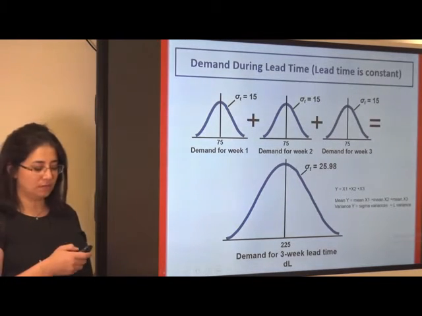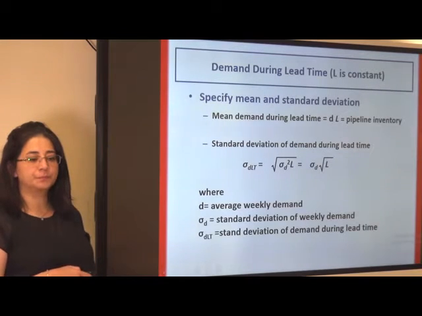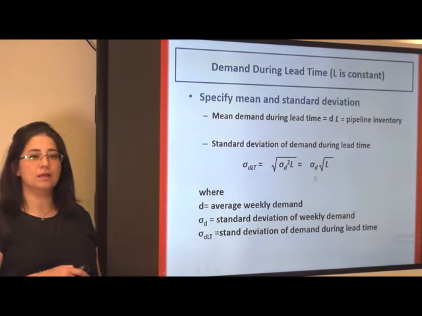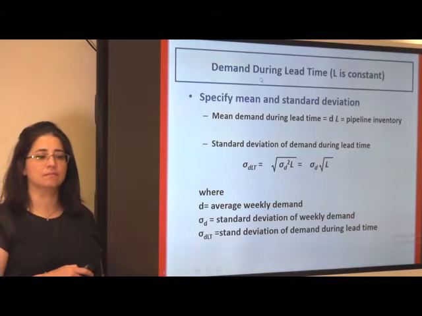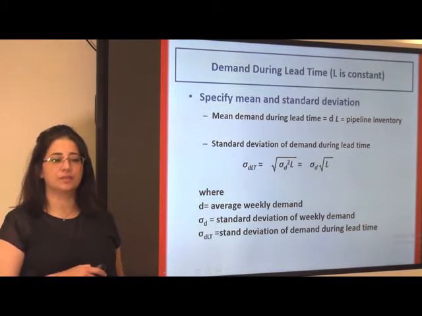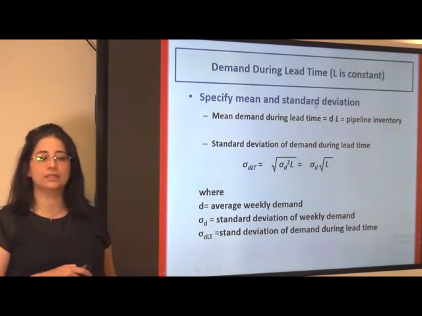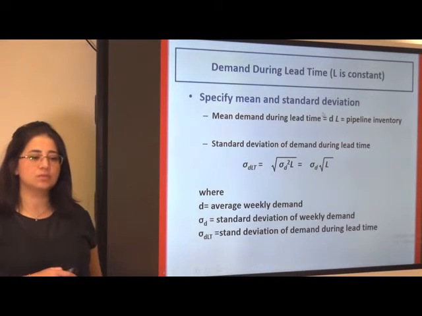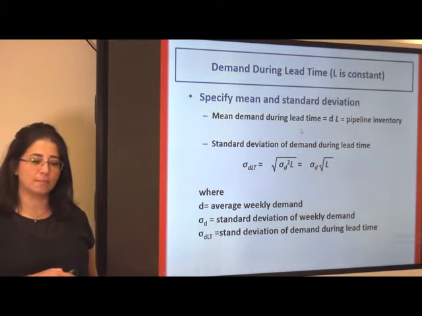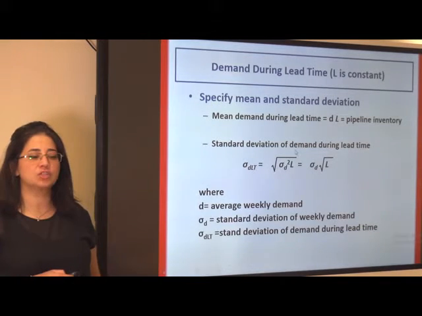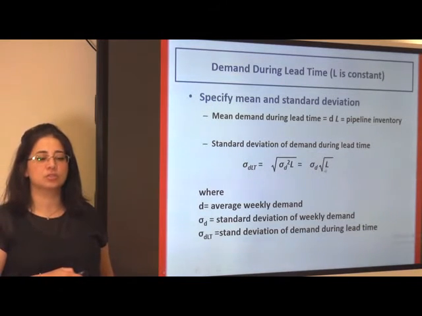So the standard deviation of demand during lead time will be sigma weekly demand multiplied by the square root of L. Then the demand during lead time, when the lead time is constant, will have a mean of D multiplied by L, which is the pipeline, and a standard deviation of sigma demand times the square root of L.